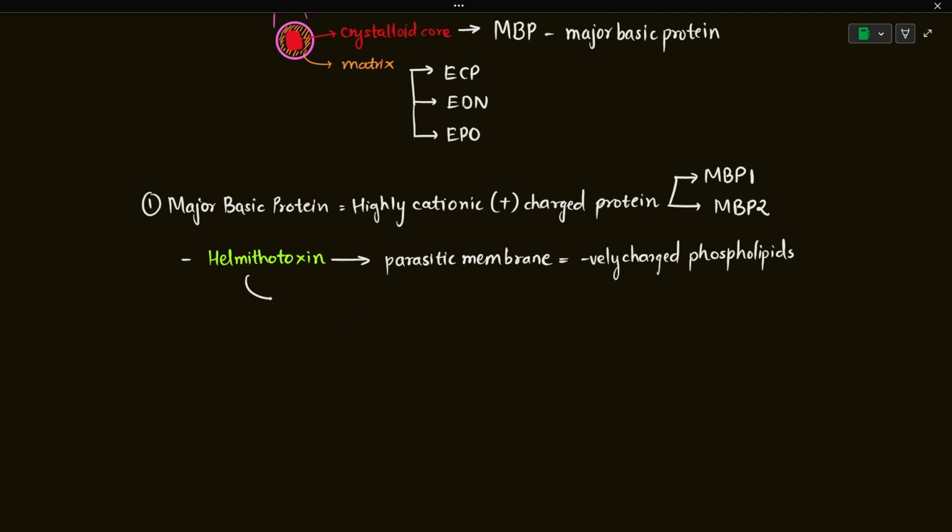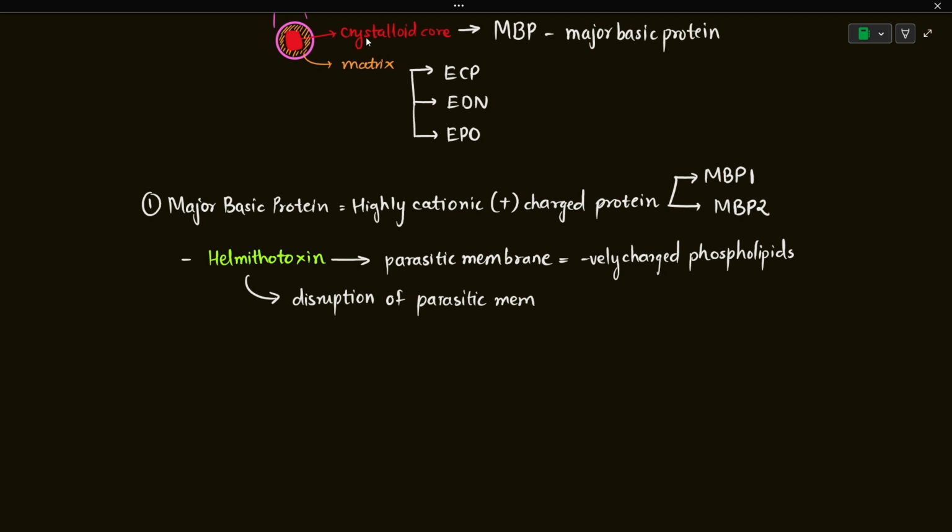This is why it is a helminth toxin: it results in disruption of the parasitic membrane. This is how it kills very large parasites such as Ascaris and Taenia solium. So this is very effective against them.